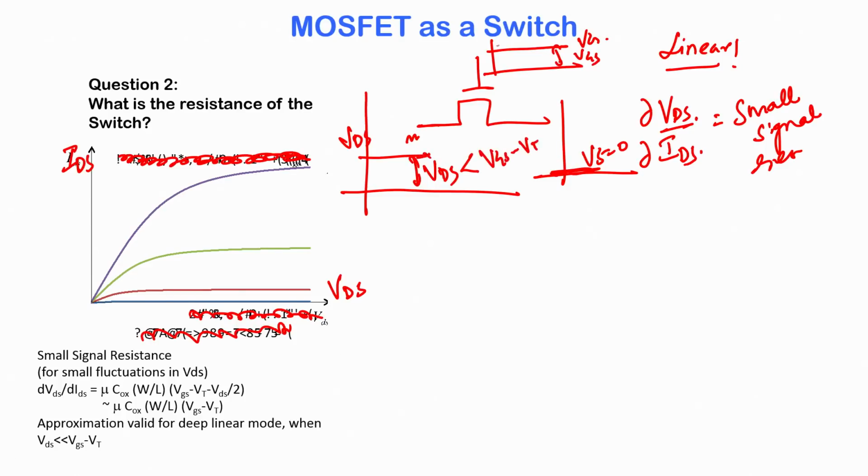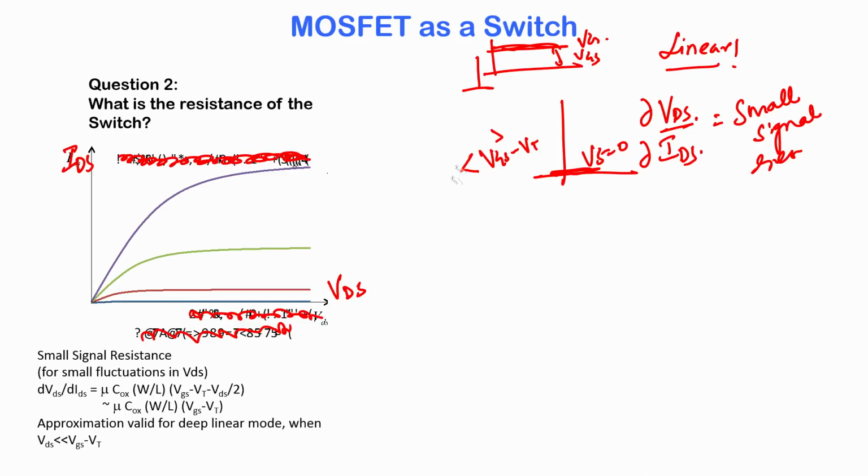On top of that you have a little fluctuation, and therefore you have a DC current, and then a fluctuation in the current, and this fluctuation is defined by the small signal resistance of the MOSFET. That is the resistance we are after.